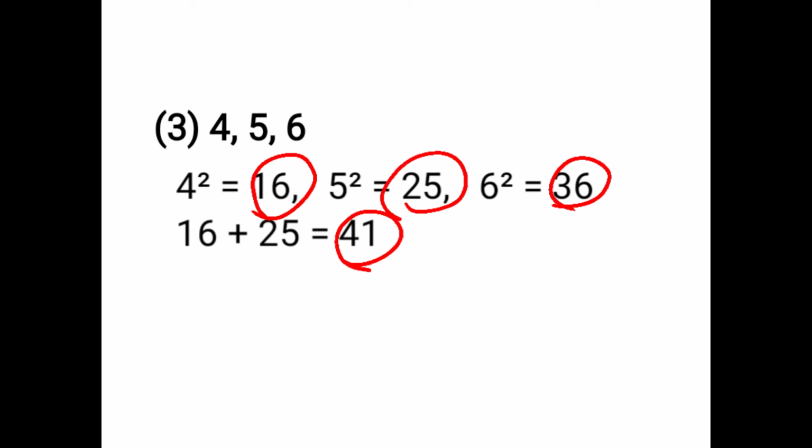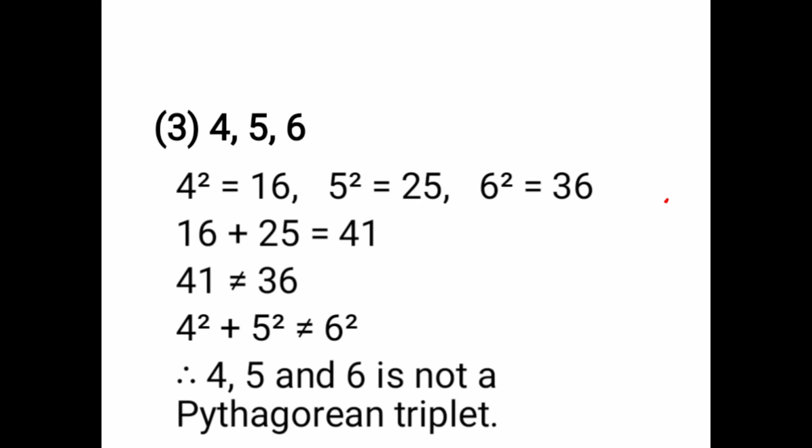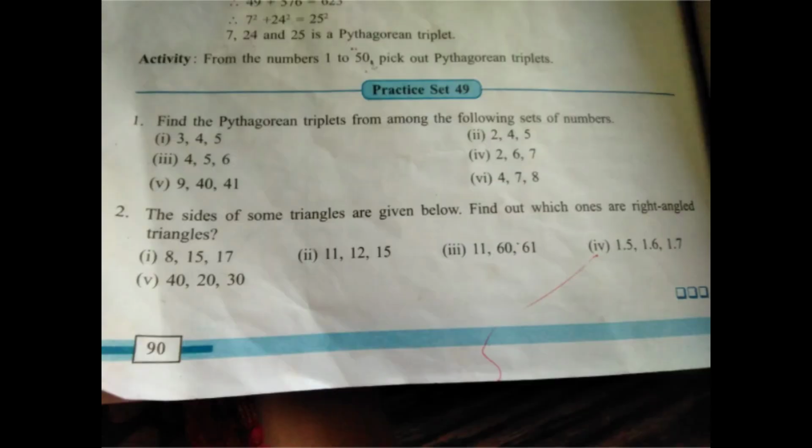Okay. 41 is not equal to 36. 4 square plus 5 square is not equal to 6 square. Therefore, 4, 5 and 6 is not a Pythagorean triplet. Now I will do the next sum.